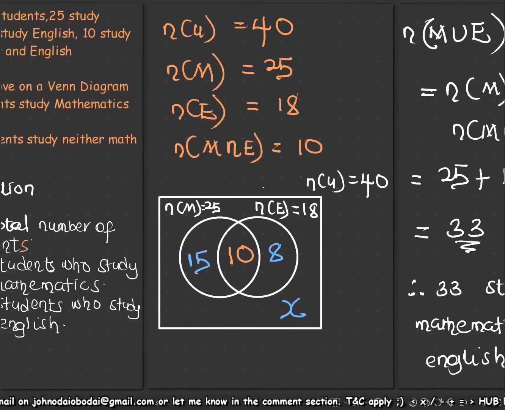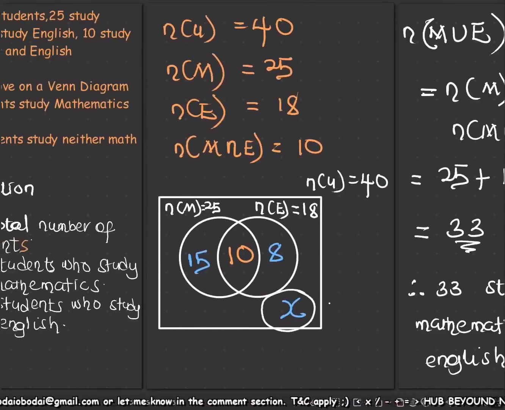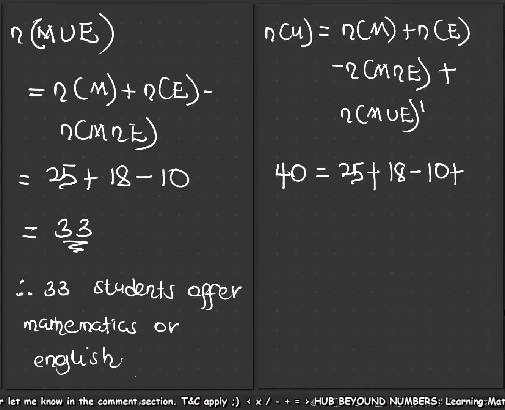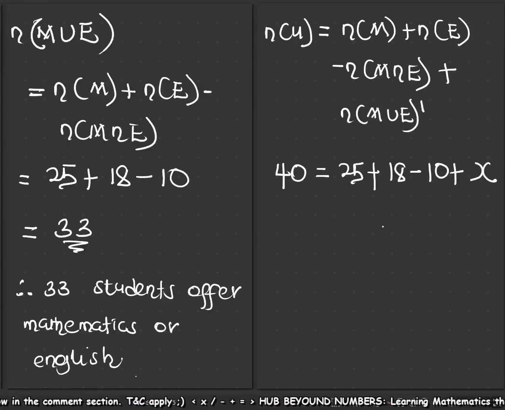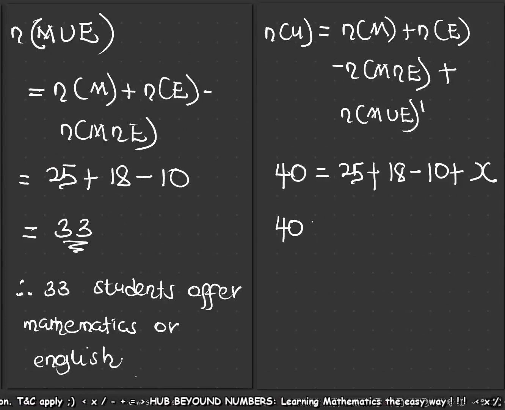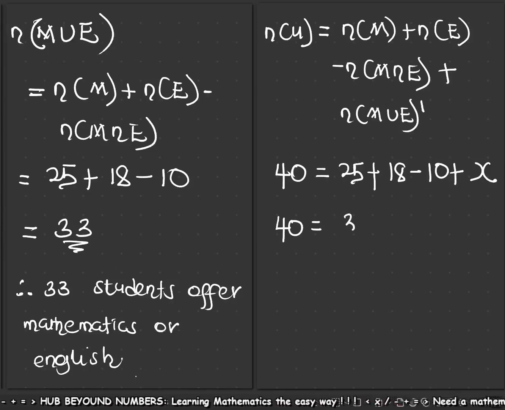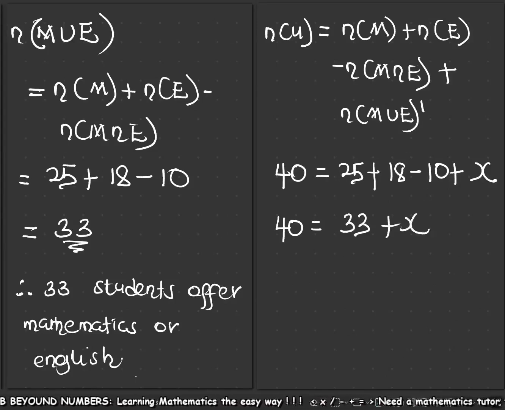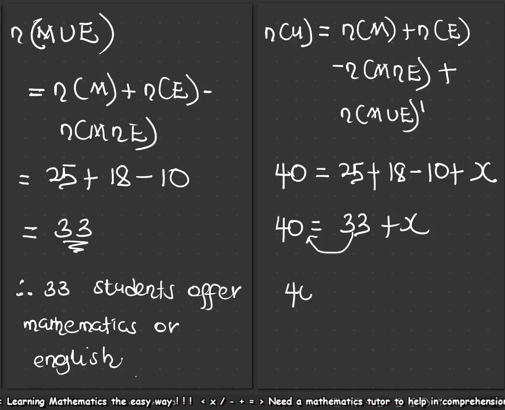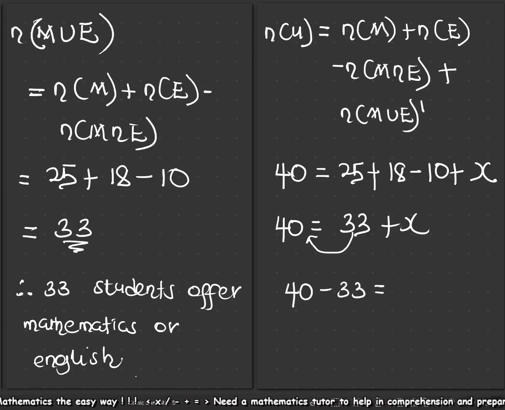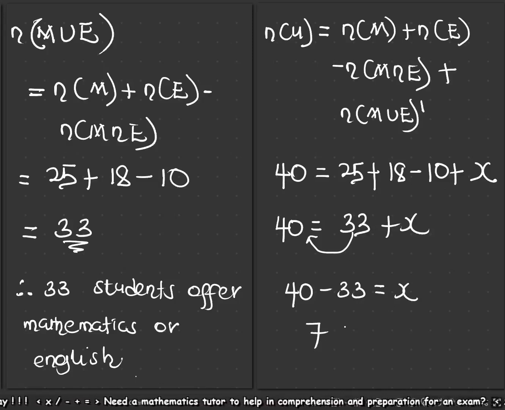We represented the complement with x. So we come back here and put that x over here. So now it is all about making x the subject. So we have 40, which is equal to all of this, as we have done earlier on, gives us 33, then plus your x. In making x our subject, 33 moves to this side so that we have 40 minus 33, giving us what? An x. 40 minus 33 gives us 7.